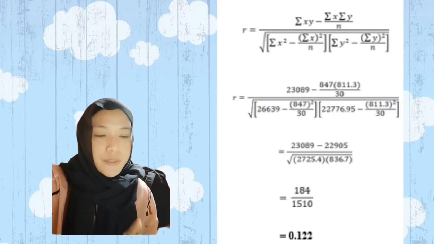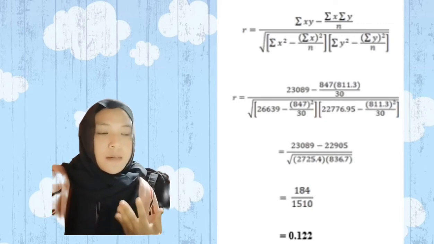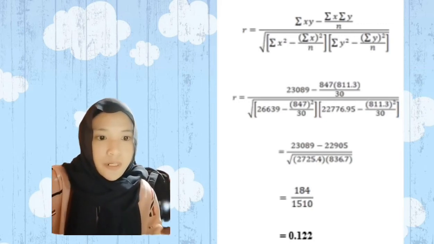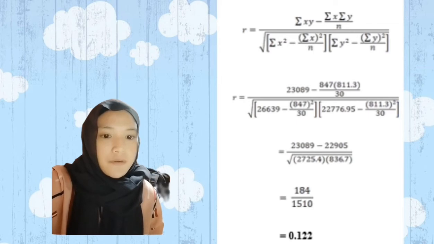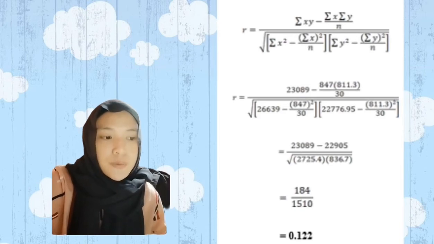Inside the square root, it's n times the sum of x square minus the sum of x values squared, and then n times the sum of y square minus the sum of the y values and then squared. Be careful with that difference. After that we plug the information into the formula and get the answer, which is equal to 0.